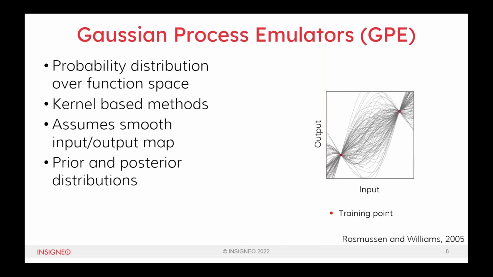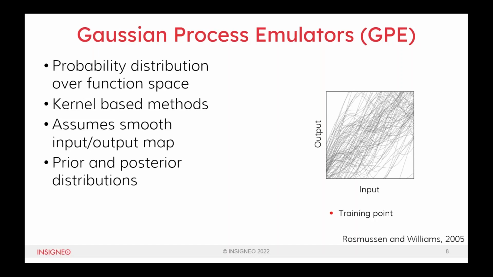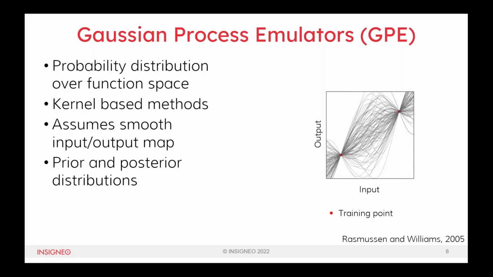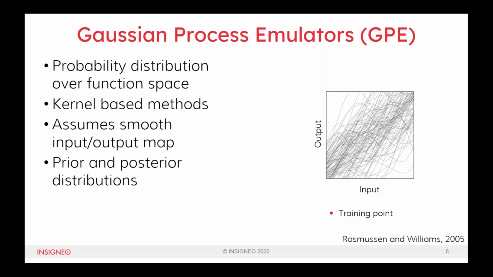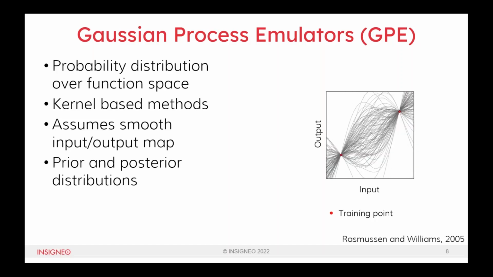Now, the Gaussian process emulators are a kernel-based method, which means that you have to define a sort of scalar product in multidimensional space, which is used to compute the input-output approximation. And to do this, you will need to define a specific covariance function and matrix.